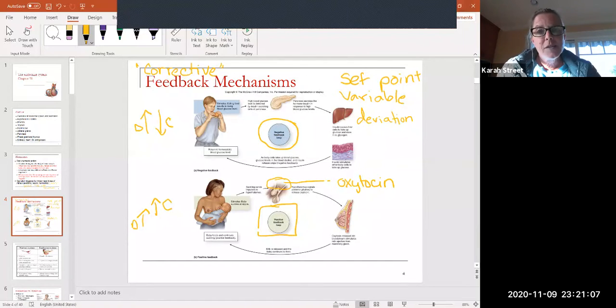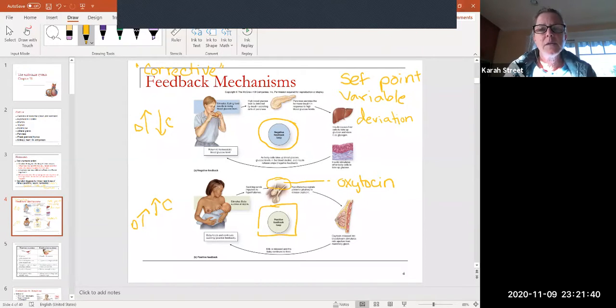And when that oxytocin is released, it causes even more uterine contractions. And as the uterus contracts even more, it makes the baby's head hit the cervix more, which sends more signals up to the brain, which leads to more oxytocin, which leads to more uterine contractions, which leads to more signals up to the brain, more leading to more deviation, correction, more leading to more.